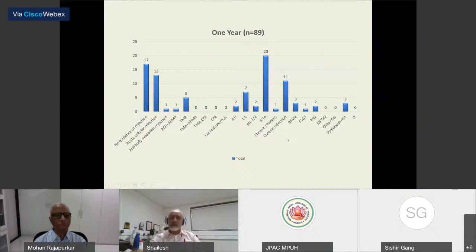So predominantly up to 6 months of the post-transplant period, it is more of acute features.